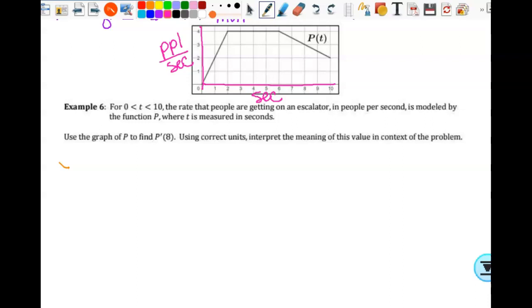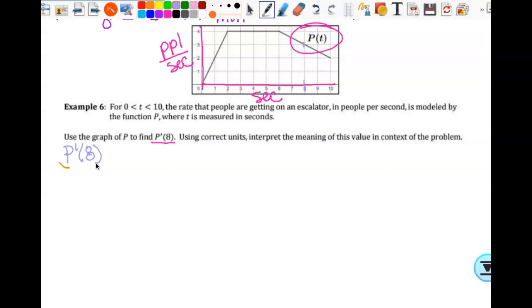All right, so we're going to use the graph. We're going to find, so this is p. We want to find p prime of 8. Okay? So p prime of 8, here is 8 right here. What is p prime of 8? -1/2, right?